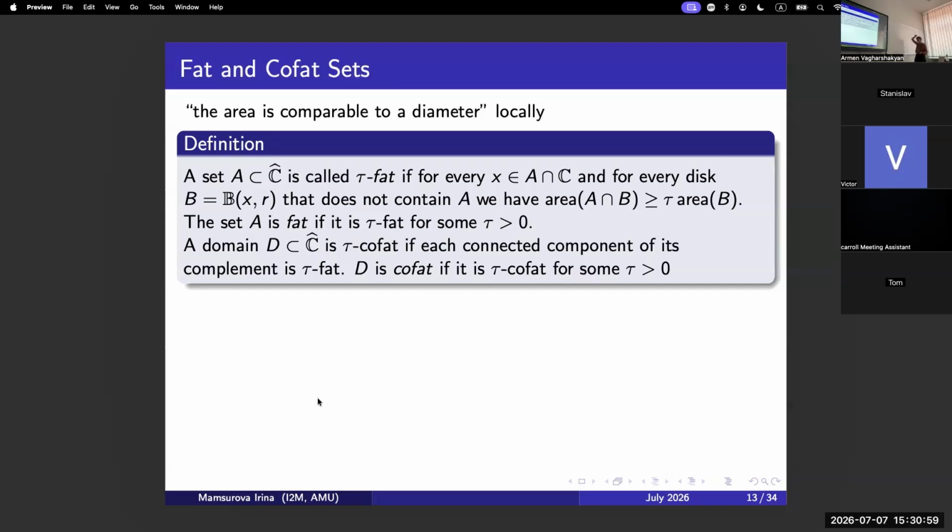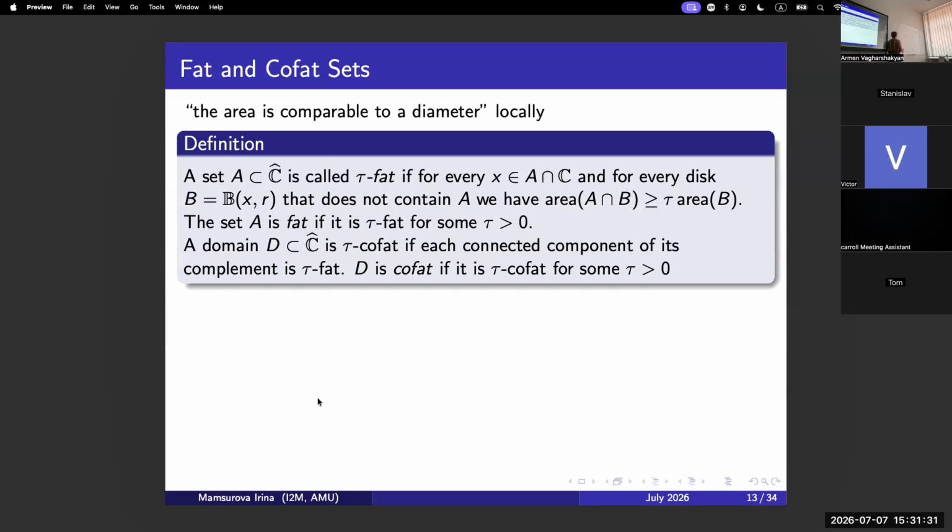Because of the definition: if we have our set R, we can choose any point and look at some ball around this point such that it doesn't contain R entirely. And we want this part of the intersection to be not too small compared to the area of this circle.